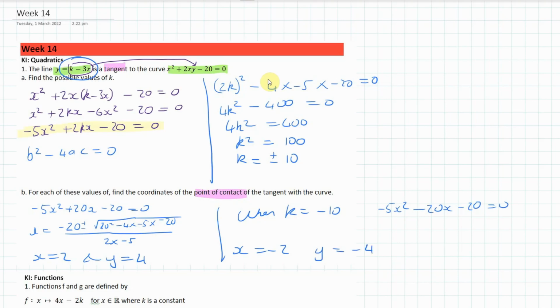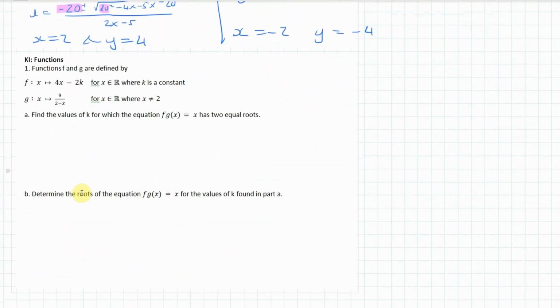So the only change that you'd need to do is just adjust this. This is going to be a minus minus, right? That will remain the same because once you square a negative, it'll be positive. Anyway, so that's that one. So those are the two coordinates there.